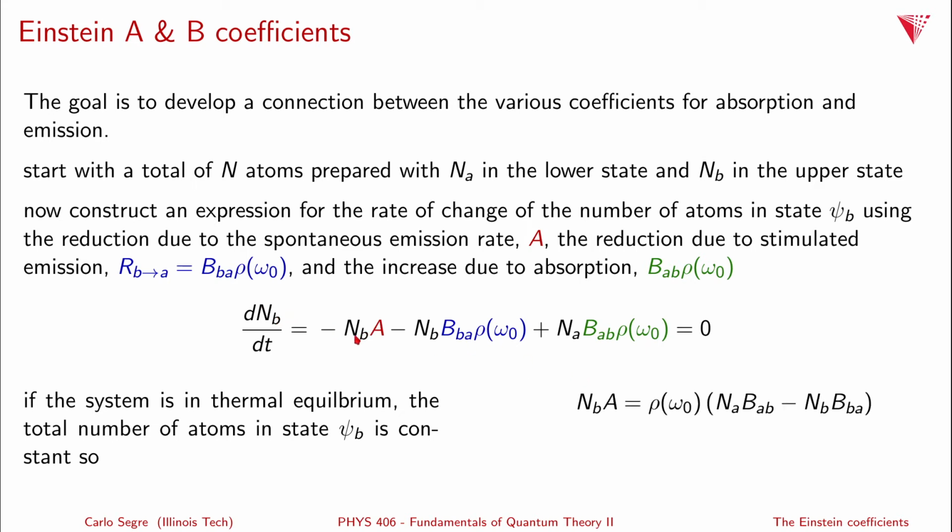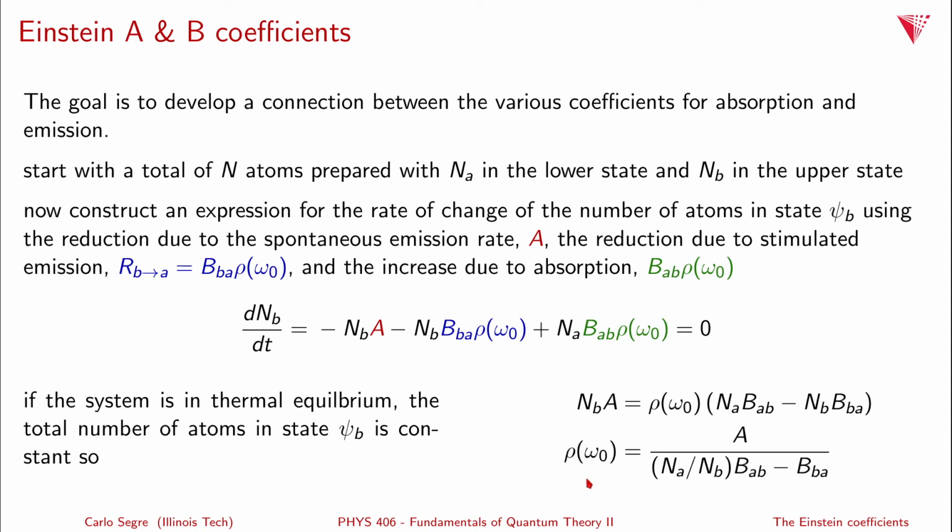Well, we can just rewrite this then as n sub B times A is equal to rho of omega sub 0 times the quantity n sub A B sub AB minus n sub B B sub BA. If we then divide through by B sub BA over here, and then divide everything by this quantity, you can get an expression for rho of omega sub 0.